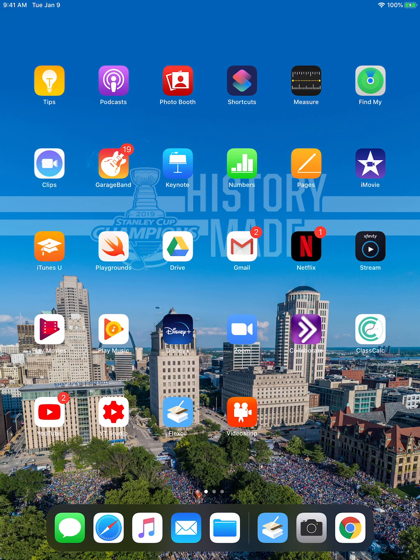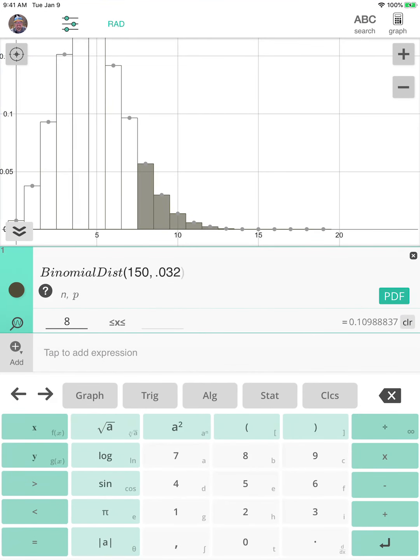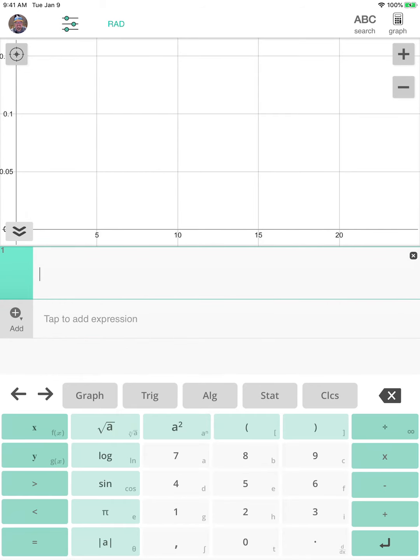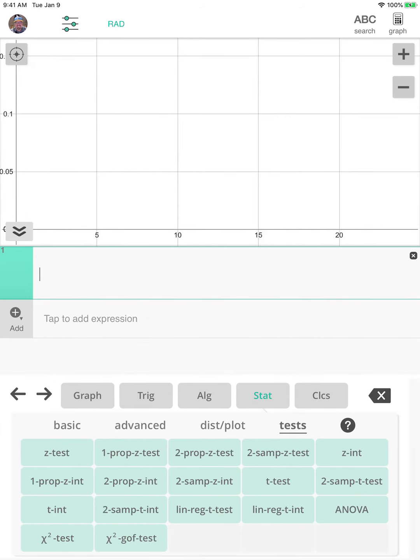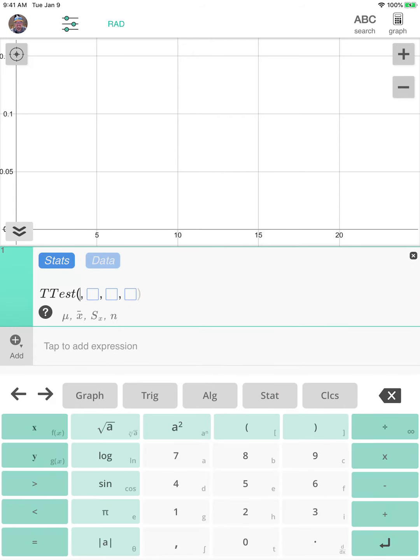If we go to the ClassCalc app, we're going to go to stat, tests, and then we want to do a t-test. We use t-interval to do confidence intervals, so we're going to use t-test to do the test. What we need is our mu value, our sample mean, our sample standard deviation, and our sample size.